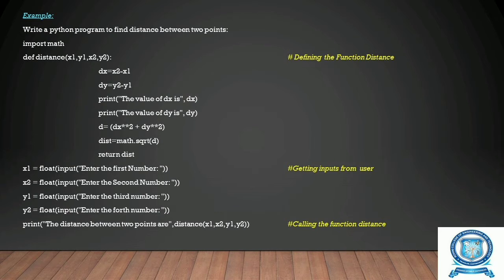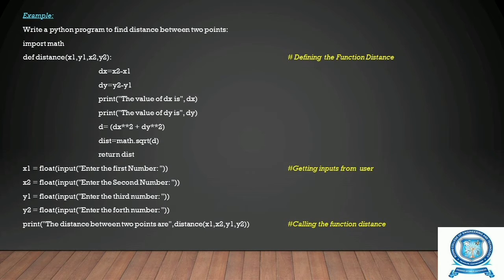So, define distance of x1, y1, x2, y2. These x1, y1, x2, y2 are the parameters passed to the function distance, and def distance is the function definition. We are giving dx is equal to x2 minus x1 and dy is equal to y2 minus y1.